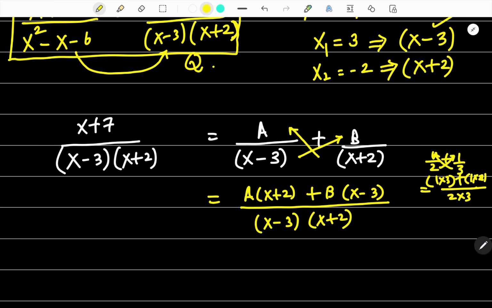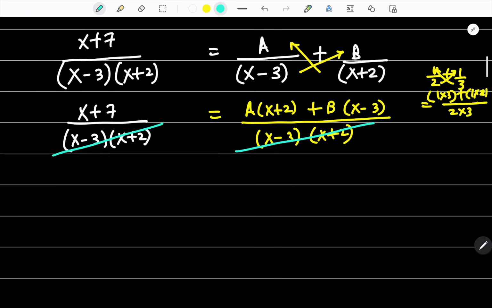So this side is equal to x plus 7 divided by x minus 3 times x plus 2. Now what happens? The x minus 3 and x plus 2 get cancelled. So you will get x plus 7 is equal to a times x plus 2 plus b times x minus 3.